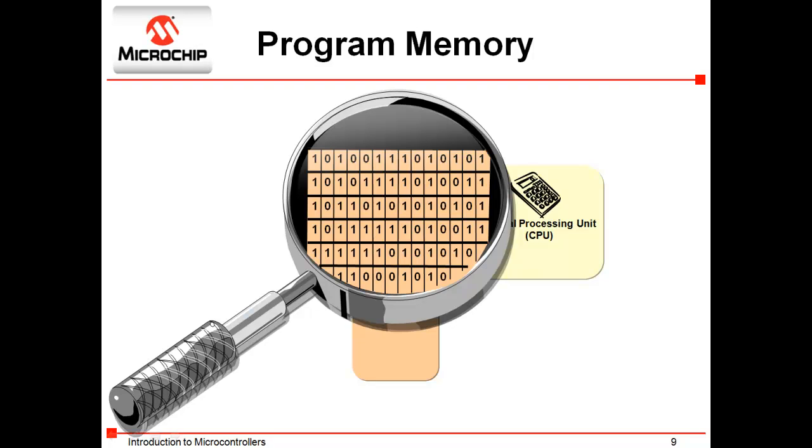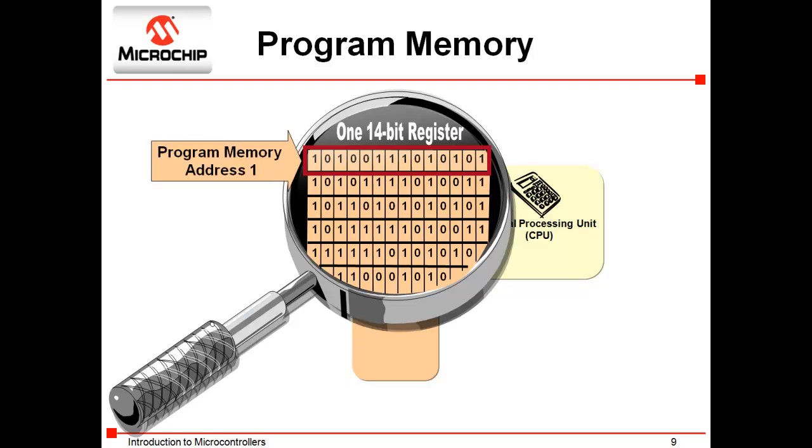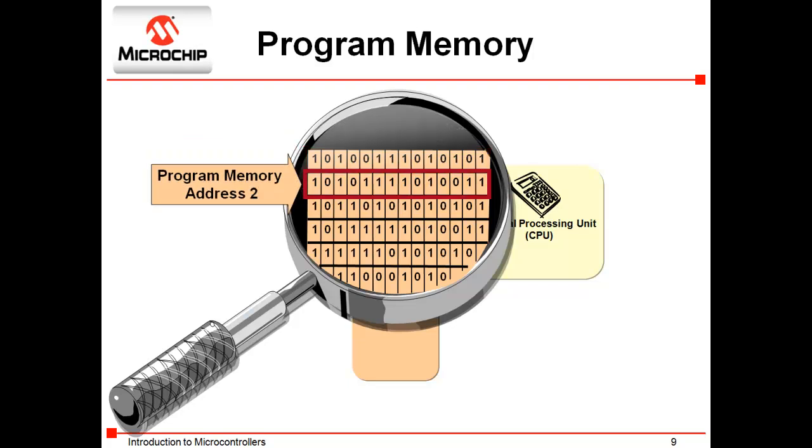So if we would like the CPU to add two values, multiply, or store a constant somewhere in data memory, a unique series of bits will be sent from program memory that holds the program you developed. Now shown here is a 14-bit value or instruction word at each memory location. This is found on Microchip's mid-range microcontrollers such as our PIC16 products.